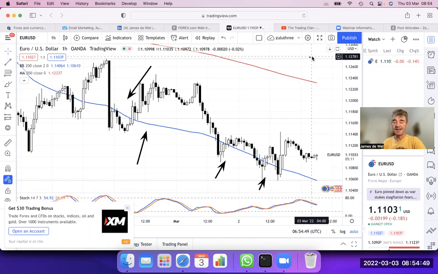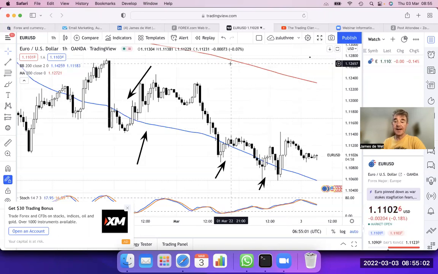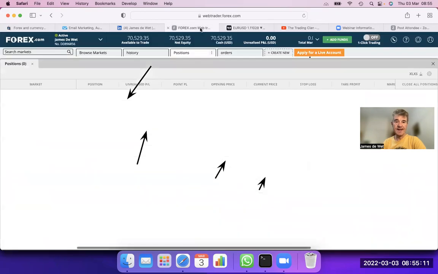This is the euro against the US dollar, and that's where we are at the moment. And what I want to do is to actually buy this, and I will explain the setup a little bit later on. So I want to do this live so that everyone gets to participate in this trade. So I'm going to go across to over here.